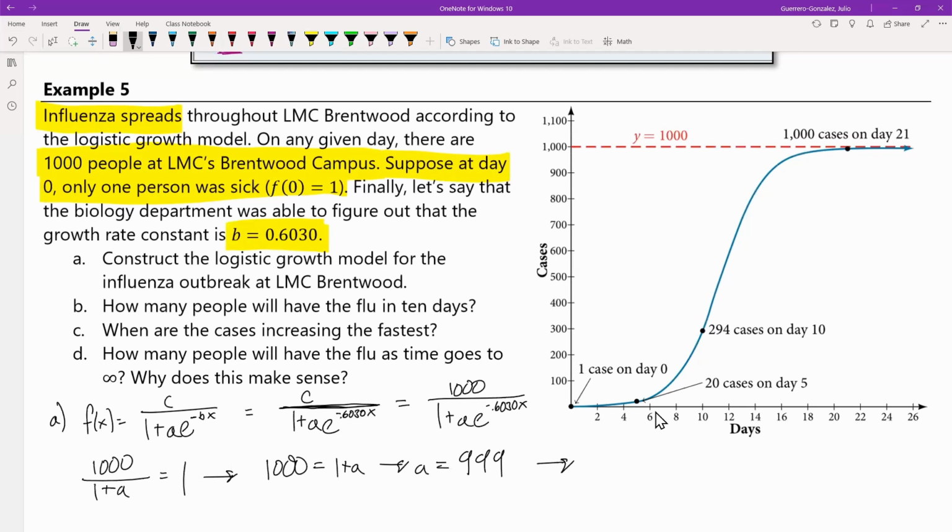That gives us the final piece that we need. f of x is equal to 1,000 divided by 1 plus 999 e to the negative 0.6030x. We are done. This is the equation.